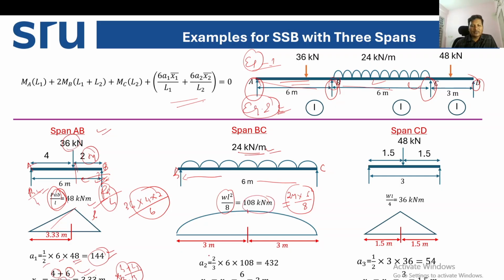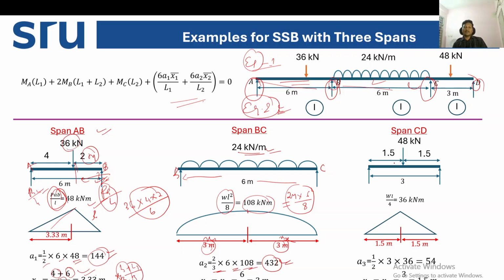What is the distance of XL and XR? XL is the centroid to left support, and XR is the centroid to right support. So 3 meter and 3 meter, that is L2 by 2. Area 2 will be 2/3 into base into height, so 432 we have calculated for span BC.